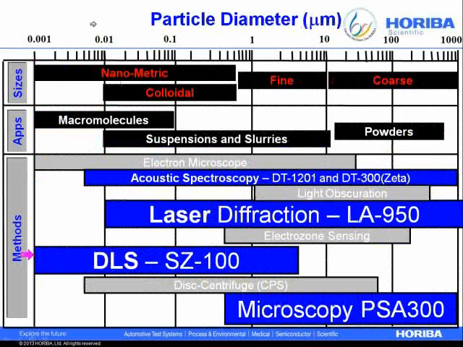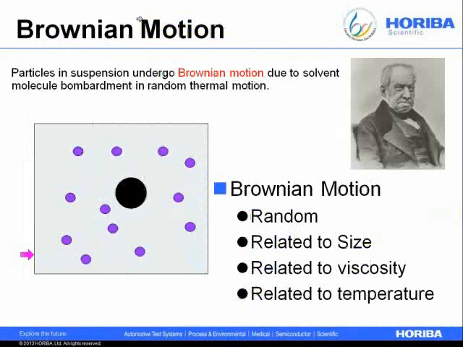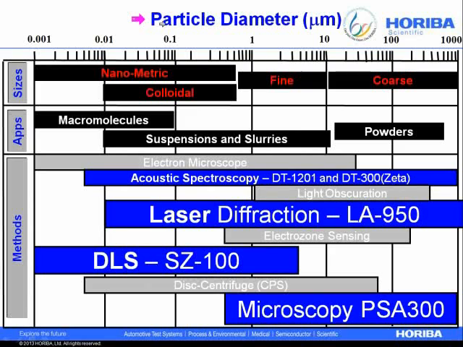So to get you oriented, let me mention that I have my usual graph of particle diameter here from about 1,000 microns down to 1 nanometer. And we really are working in the range of about 1 micron to about 1 nanometer. And that would be dynamic light scattering with the SZ100. So things you're looking at are things like suspensions or macromolecules in solution.